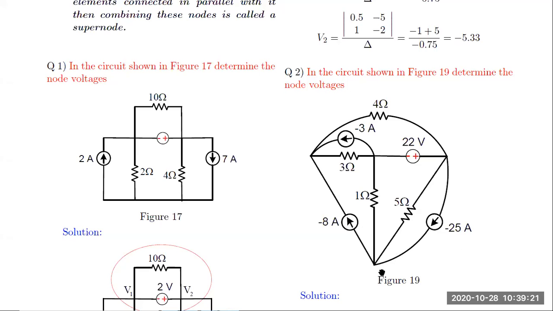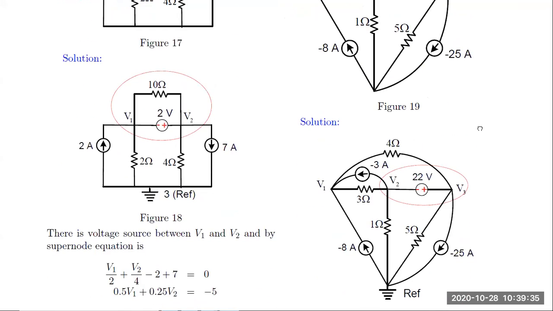We will take this as the reference node. How many nodes are left? 1, 2, 3. And there is a voltage source between these two nodes, 22 volts, which I have written here. It is a supernode between 2 and 3, with V1, V2, V3.